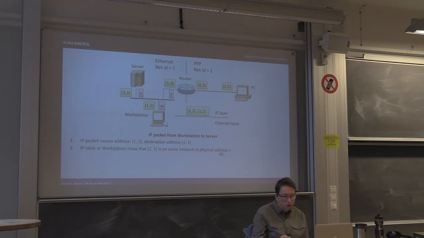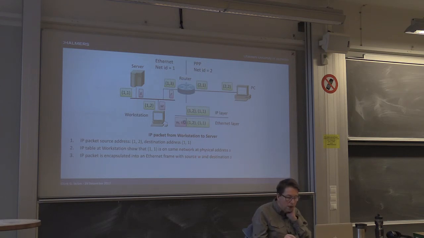So it has to have some physical address. And as a matter of fact, I know the physical address. It's S. So the IP layer here knows that 1.1 is a node which has physical address S. This is used by pushing the IP packet down to the Ethernet layer and telling it, okay, this IP packet should go to a node which has physical address S.